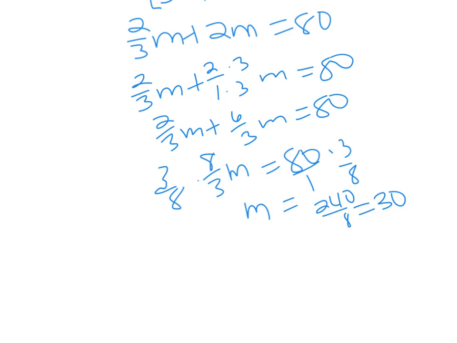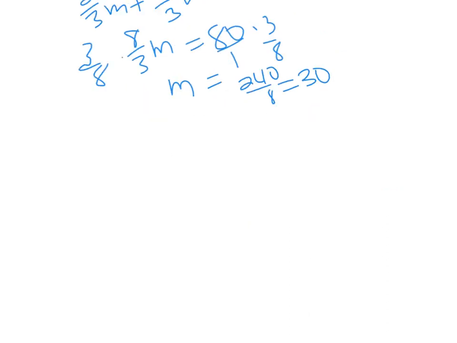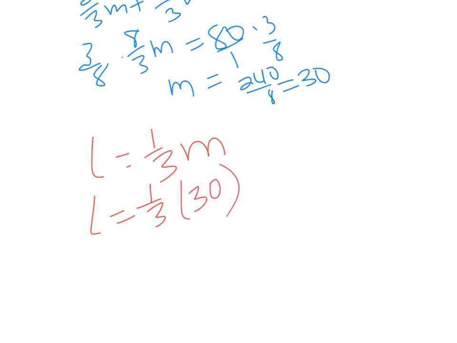Okay, so we have our first variable M, which can then help me find L, because L, remember, is 1/3 M. So L is 1/3 times 30, which, if you put that as a fraction, 30/1, 1 times 30 is 30, 3 times 1 is 3, which means that L is 10. Okay, and now that I have L and M, I can find N, because remember, N had its own equation.